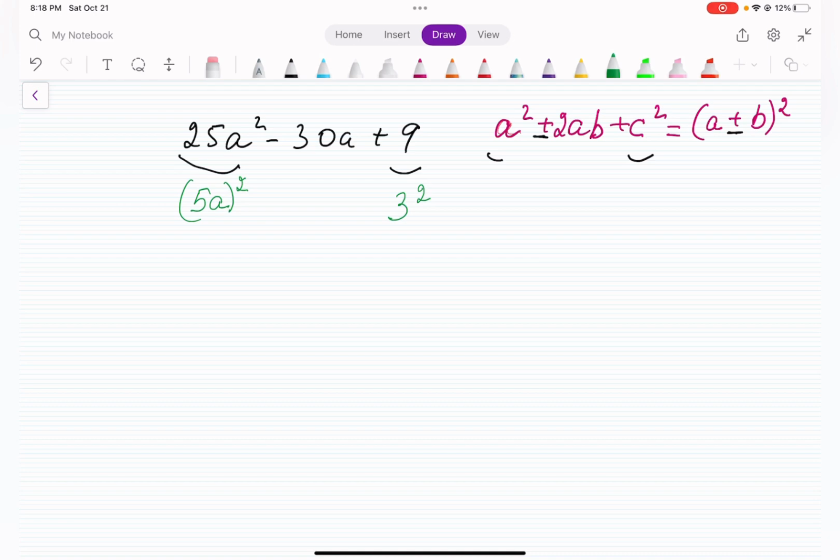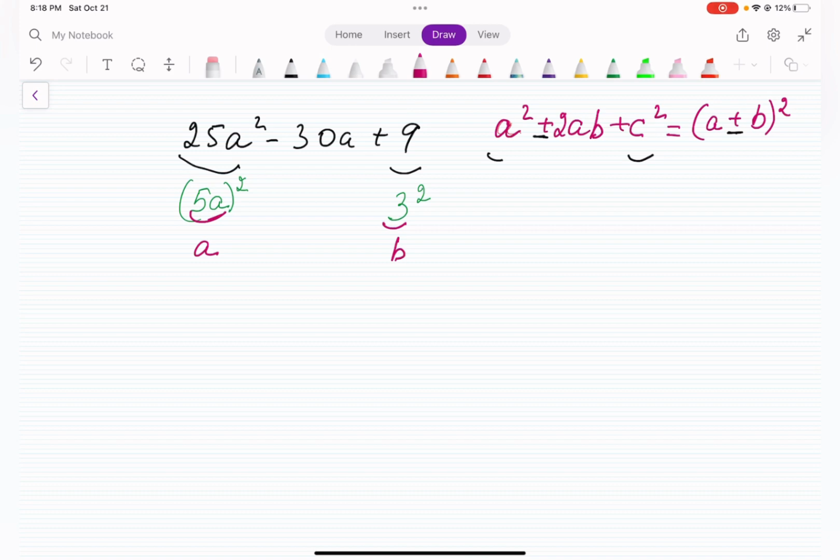So what does that mean? My a, in this case 5a, is going to be my a in the formula. And 3 here is going to be my b in the formula, correct? And we get a squared and b squared.